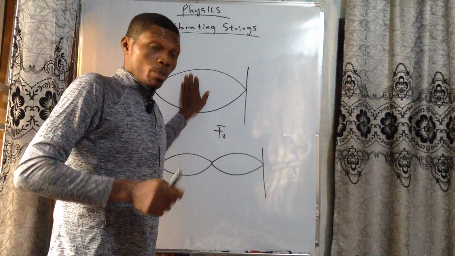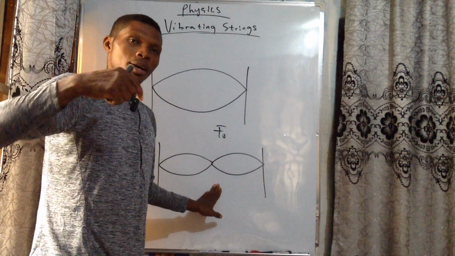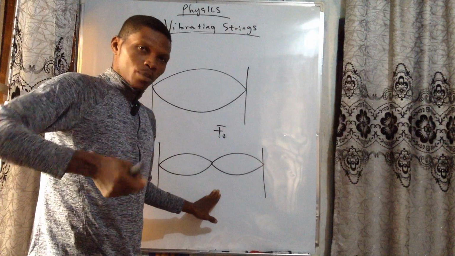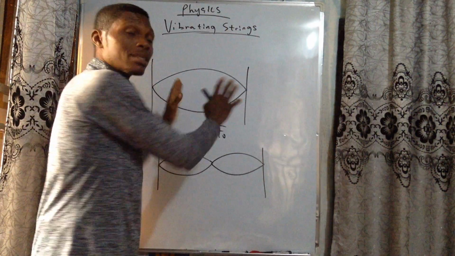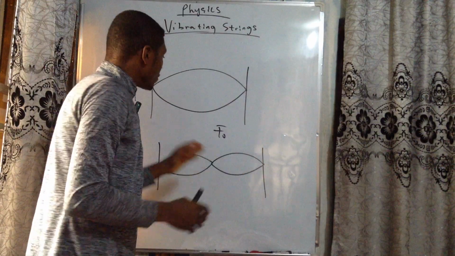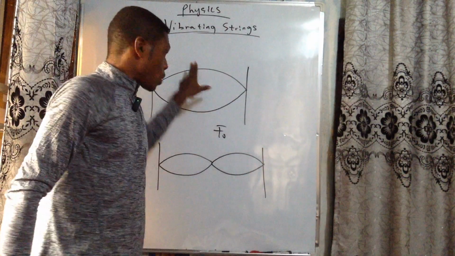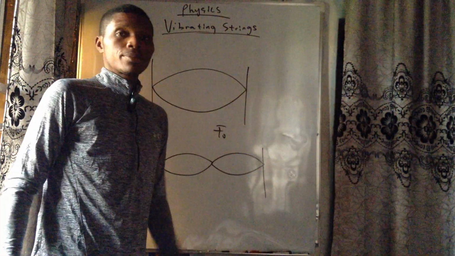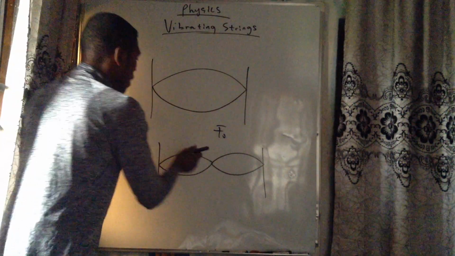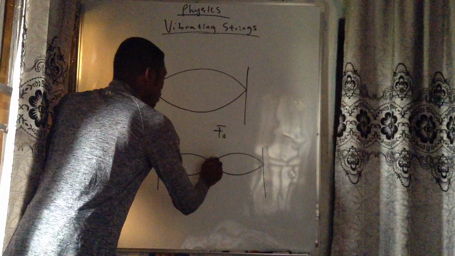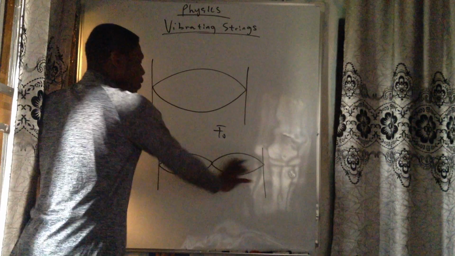You are increasing the vibration, but you will not see this form. But once the frequency you are vibrating with is 2 times this one, it will appear like this. This one we call the second harmonic.